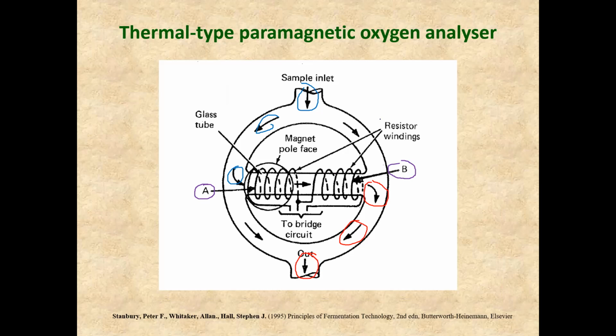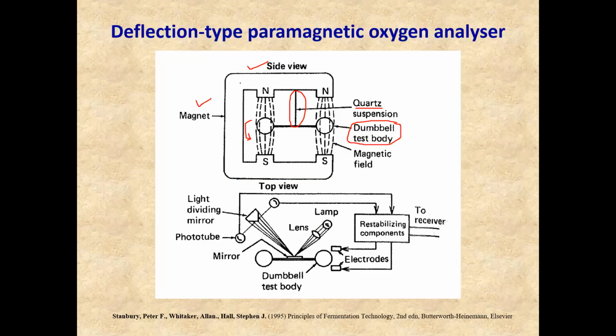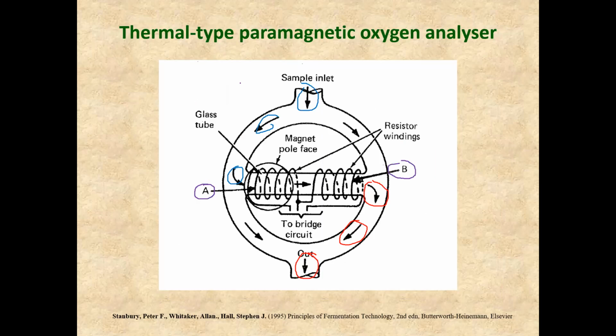And since the oxygen is heated here, this type of paramagnetic oxygen analyzer is called the thermal type. So both these analyzers are paramagnetic oxygen analyzers, and both can be used to determine the oxygen concentration in inlet or exhaust gas.